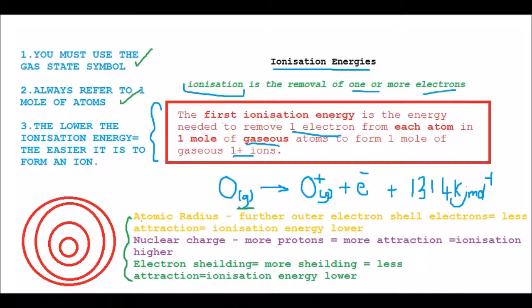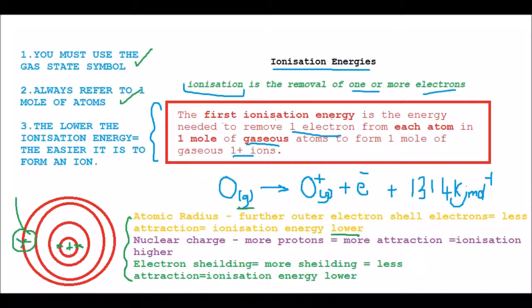So the first one is atomic radius, and this is that the further out the electron shell electrons are, the less attraction there is, so the ionisation energy will be lower. So I'll just draw this here. This would be the first electron to pull off, and here we have the positive nucleus.